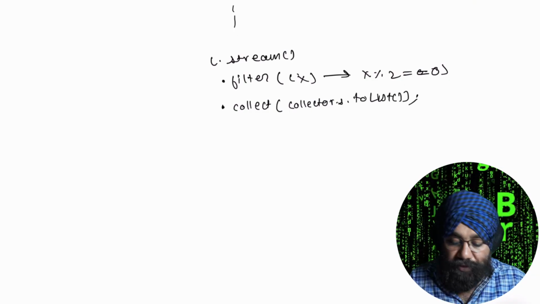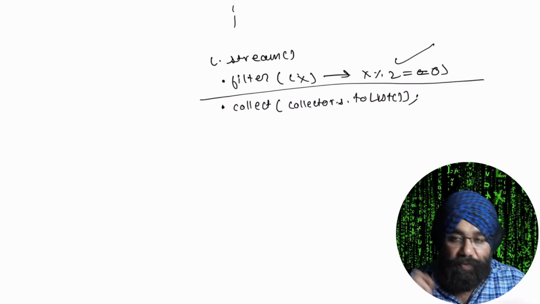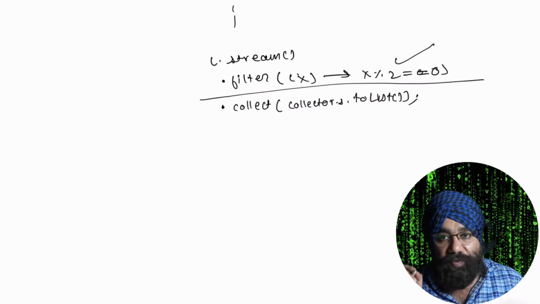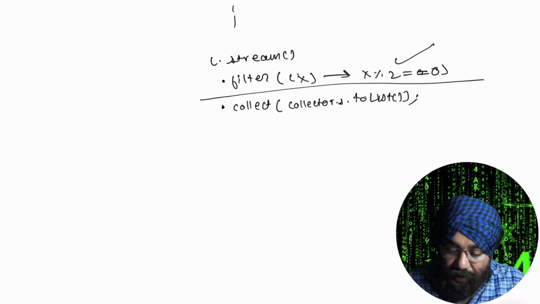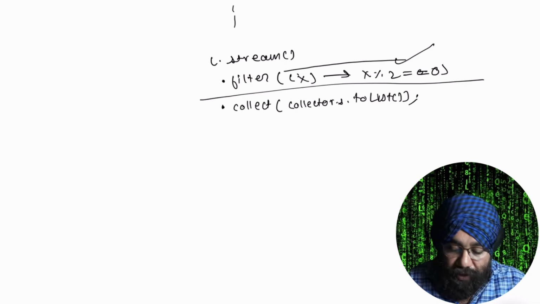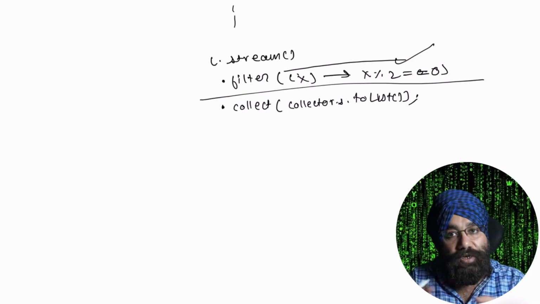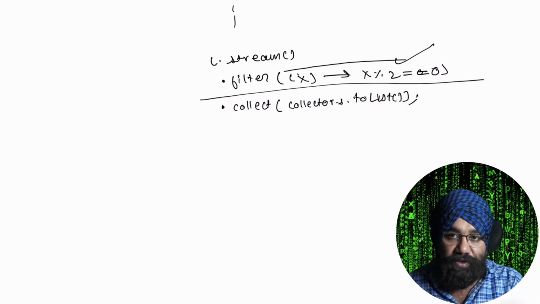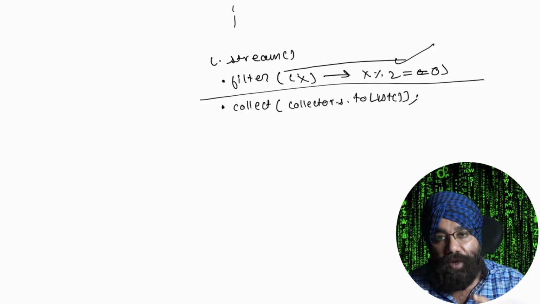What you're doing here is filtering out the odd numbers, because for even numbers this will be true and for odd numbers it will be false. But you are not calling any method here. You are simply representing a lambda expression, where defining the function and calling it are at the same place, not at two different places. This is the beauty of a lambda expression.